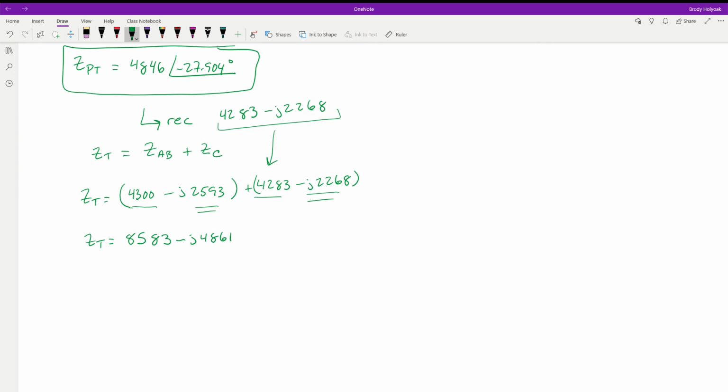Hopefully it doesn't cause you too much stress. So now we need to take this and convert it into polar, and this becomes 9864 at an angle of negative 29.525 degrees.